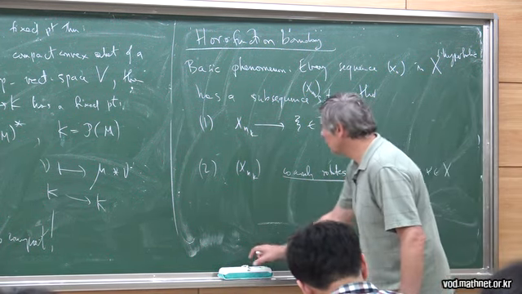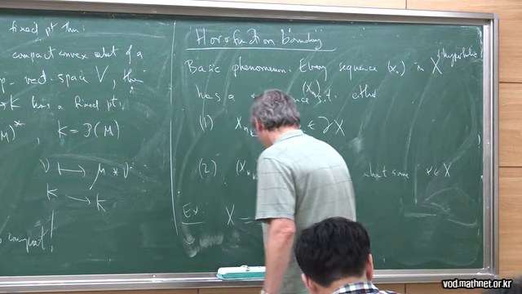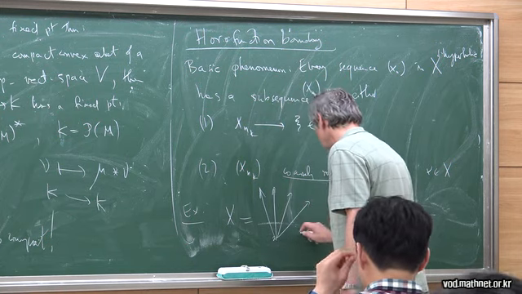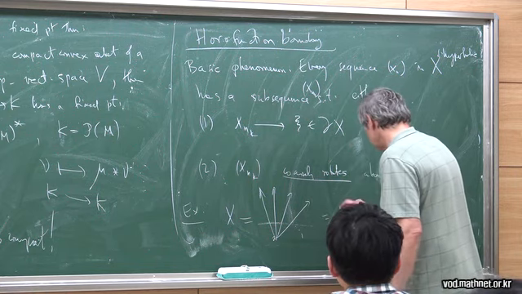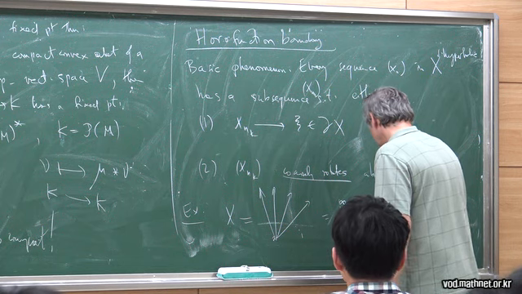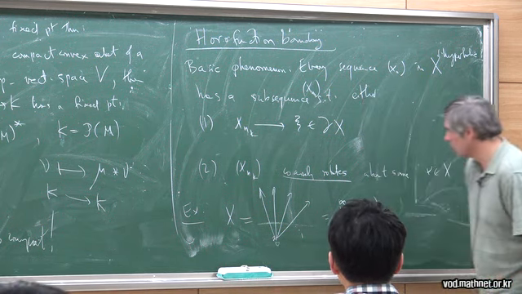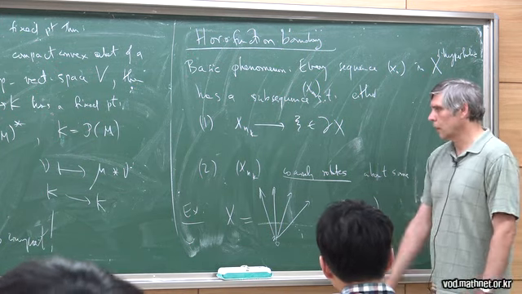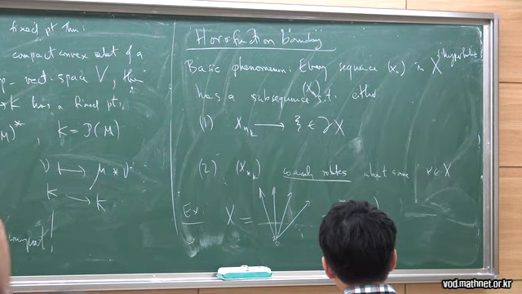Maybe before I define it, let me give you an example. Let's say X is a wedge of infinitely many rays, wedged at 0. This is not locally finite, and I take a sequence that goes to infinity.